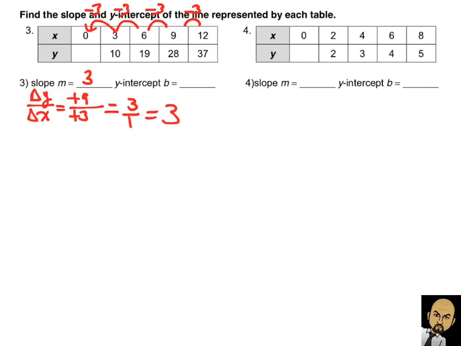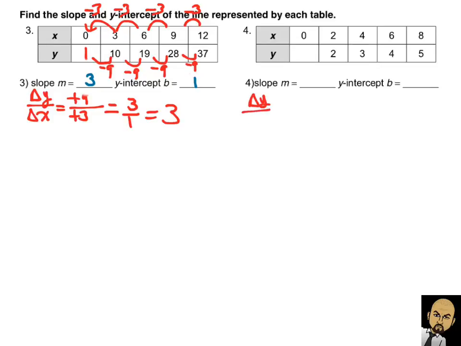So to get to 0, we subtracted 3. So that's a constant rate of change. When we are going downward, we're subtracting 9. So in order to find the remaining value for y, we need to take 10 and subtract 9 from it. And that gives us a value of positive 1. And so that's our initial value of positive 1. Now it's a little difficult to read these, so I'm going to go ahead and change the color. That way you can see that our slope was 3 and our y-intercept was 1.